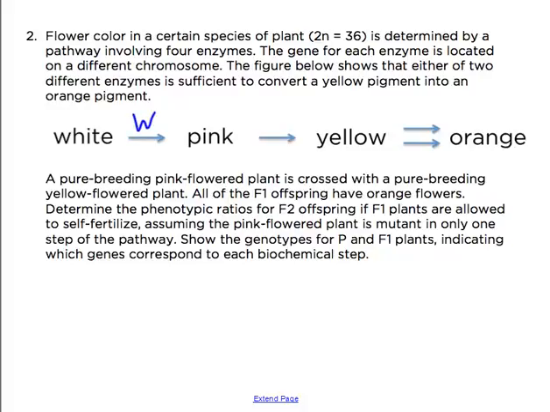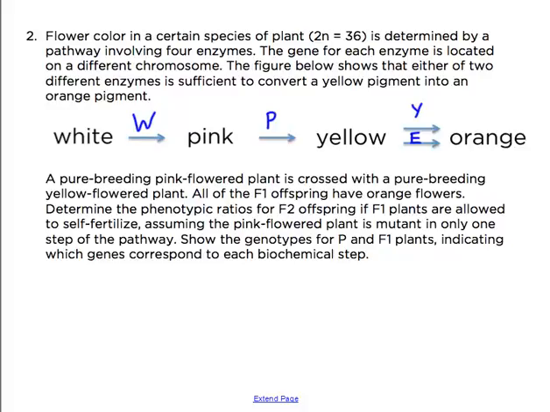From pink to yellow, we can call that P for pink. And then from yellow to orange, there are 2 different gene products here, right? Because either of the 2 enzymes can do this conversion. So we'll call one Y, let's say, for yellow, and E is the next letter, so we can call the other one E.